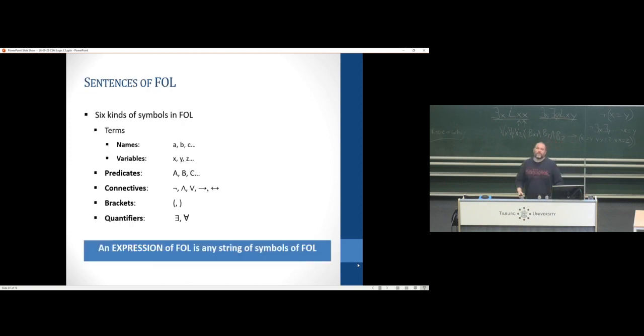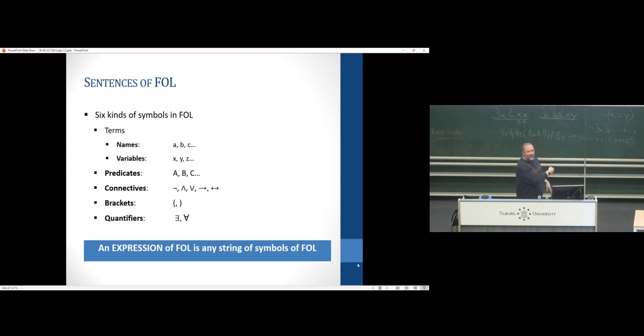So first things first. One of the very first things we had for FOL, I told you there's 6 kinds of symbols. Much like with TFL, we can say that an expression of FOL is any concatenation of these. Don't care about the order, right? So it's just like we had before with an expression of TFL. But much like before, not all expressions are going to be sentences.